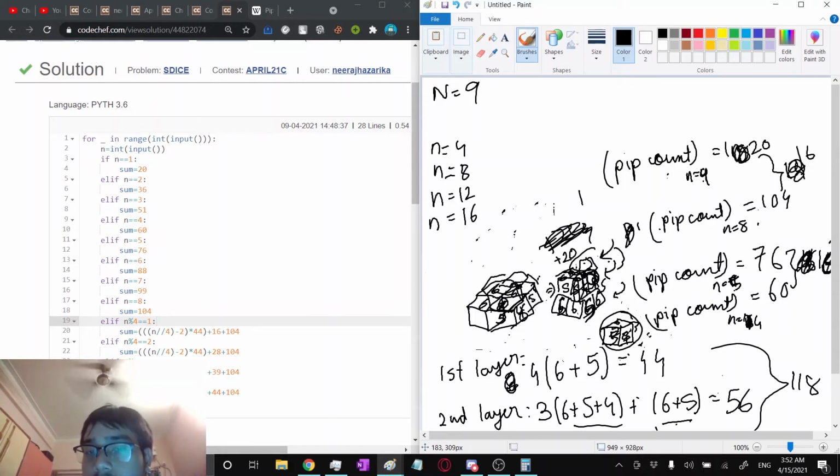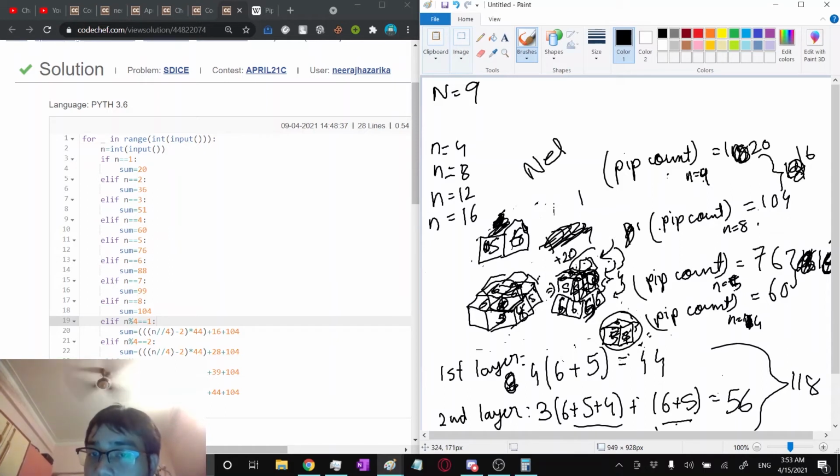Since initially it was 6 5 4, now as soon as you add a block over here, the 6 over here and 5 over here, and the 4 vanishes like this, and all other spots are blocked. So the pip count decreases by 4 from the second layer and a layer below it. So the net sum becomes 16. But for the first layer, there is no layer below it, so the net sum is 20.